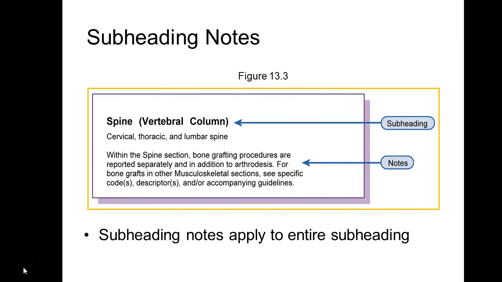Now again, there's going to be a subheading. The subheading is usually the specific anatomic site. So in this case, if I go all the way back, the last subheading is going to be heart and pericardium, because that is the procedure it's under.